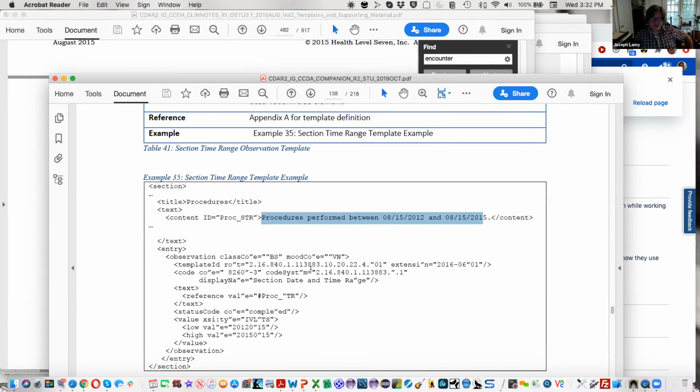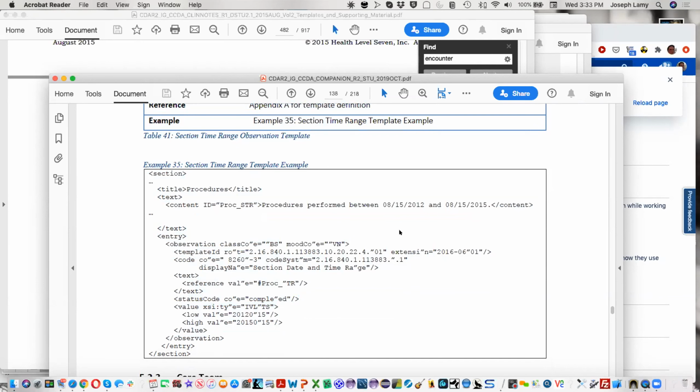Because it's not just an entry with a low and a high, right? And especially when you start to think about parity with FHIR resources. If the client runs a query on procedures for that same time range and gets back something different than the C-CDA, they're not going to be happy. Right. Exactly.